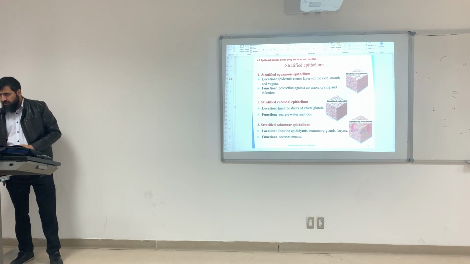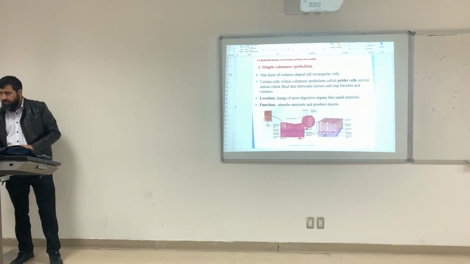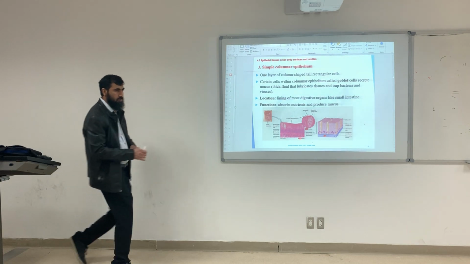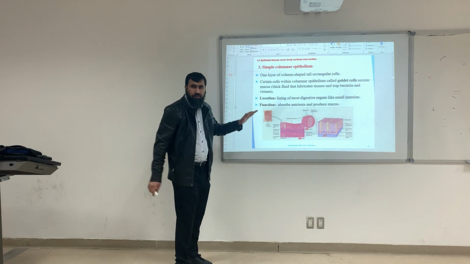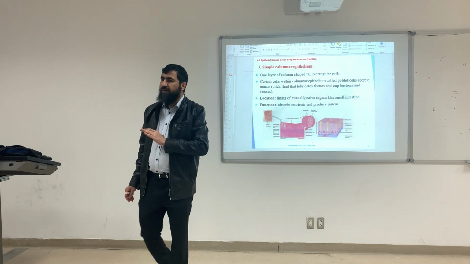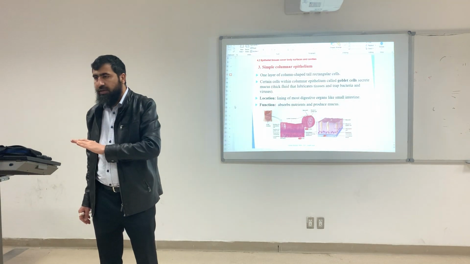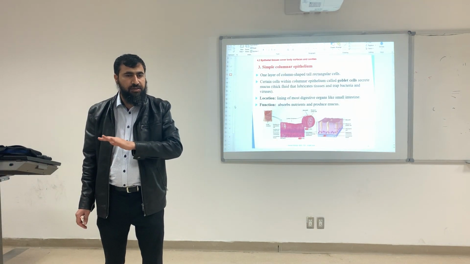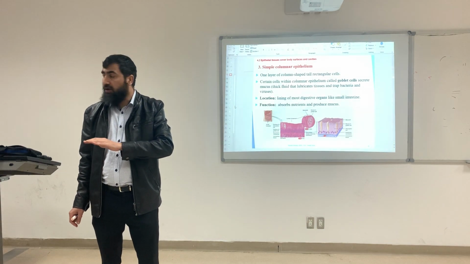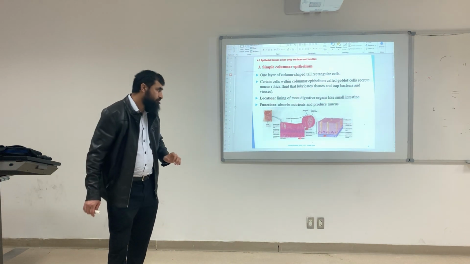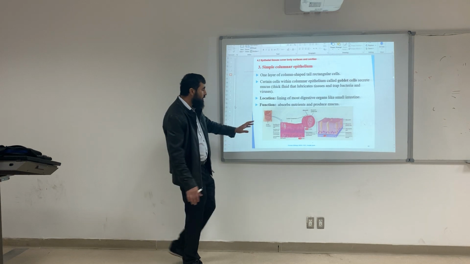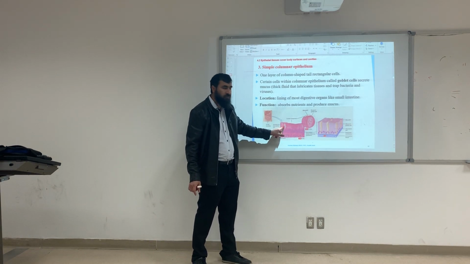I think we missed one on the simple. Yes, this slide. Simple columnar epithelium is found in the digestive tract. You know the slides we saw in the lab, it's simple columnar of the intestine. Between these simple columnar cells, you find the goblet cells.